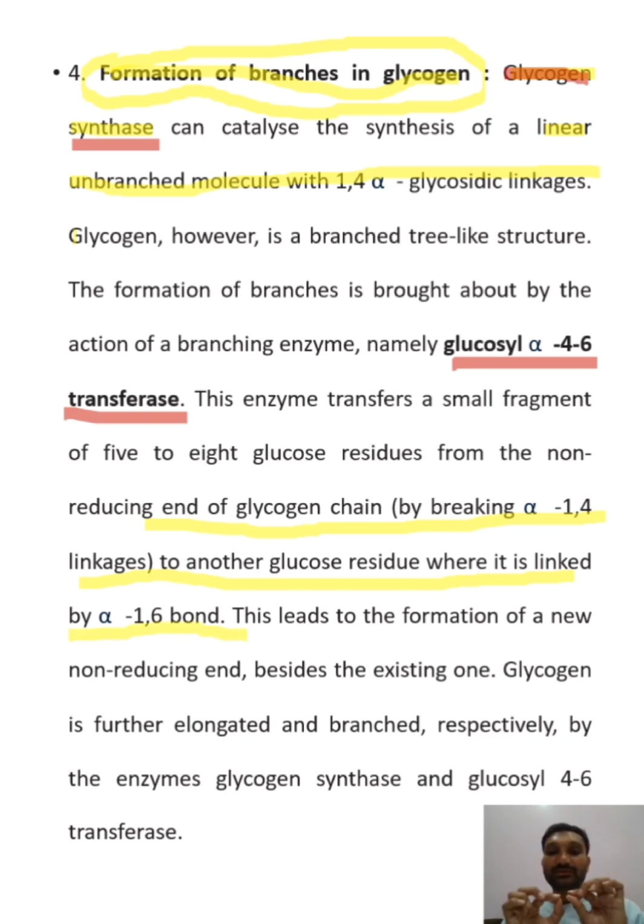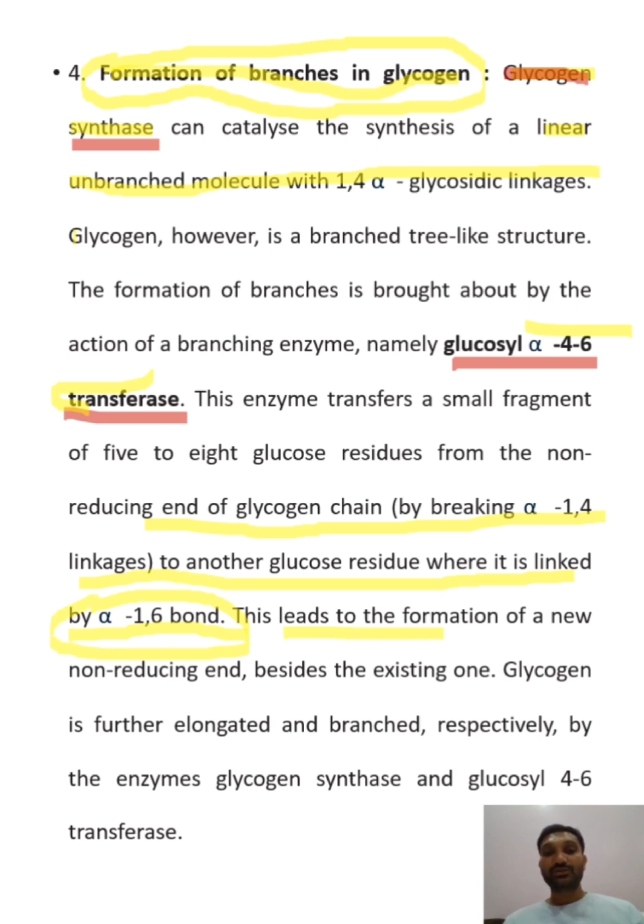That means if there is a linear chain of glucose units joined together, at the non-reducing end of the glycogen chain, this enzyme glucosyl alpha 4,6 transferase breaks the alpha 1,4 linkage and links it by an alpha 1,6 bond.